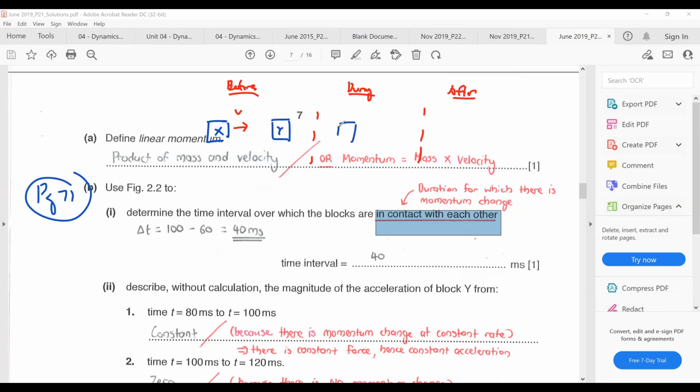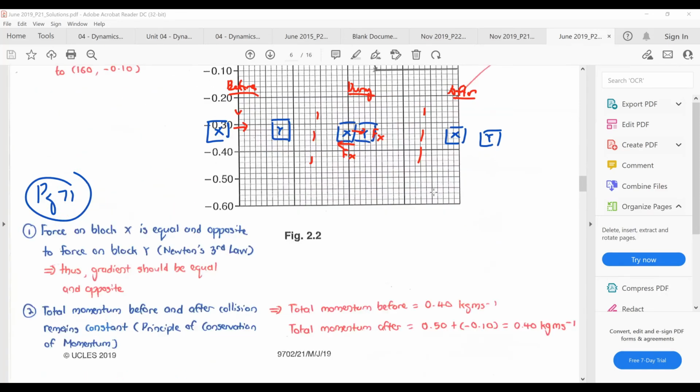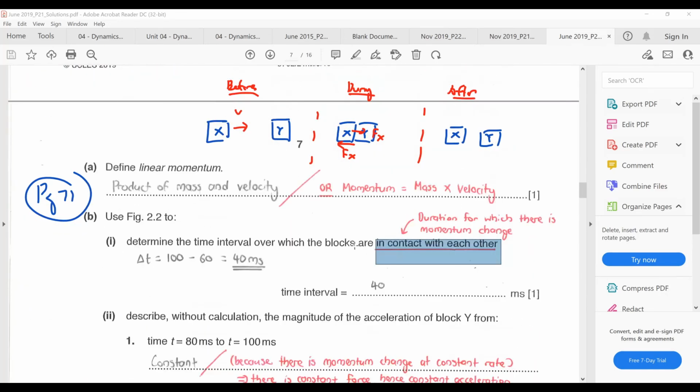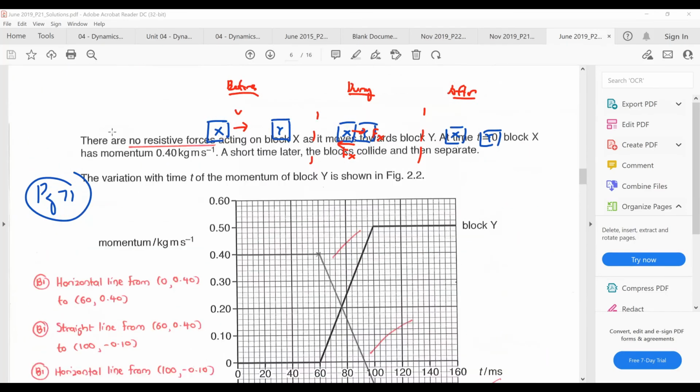So during collision, block X would hit block Y. What will happen is that X would exert a force on Y, Y will exert a force back on X. And then as a result of that, block X and Y will move off after the collision. So over here, let's assume that they move off. Did they tell you they move off in opposite direction?